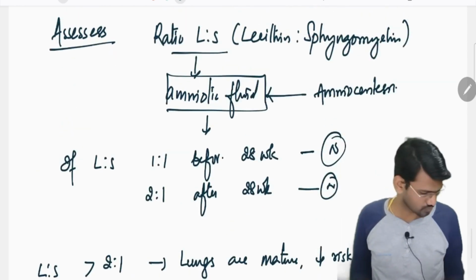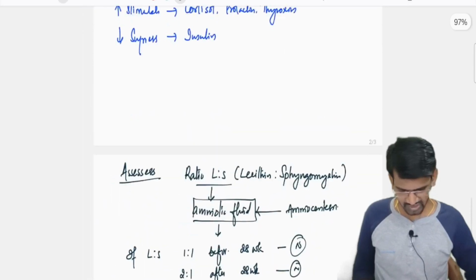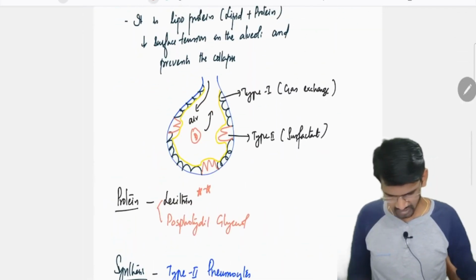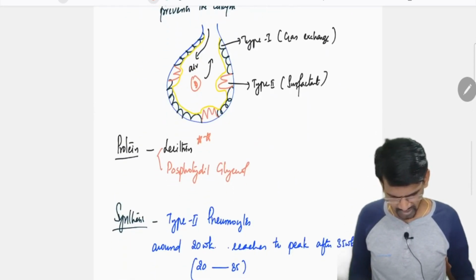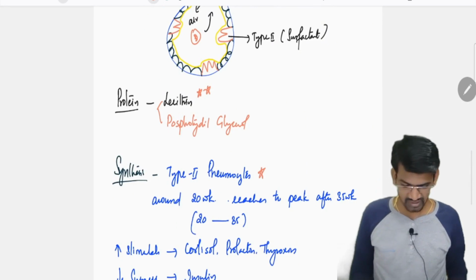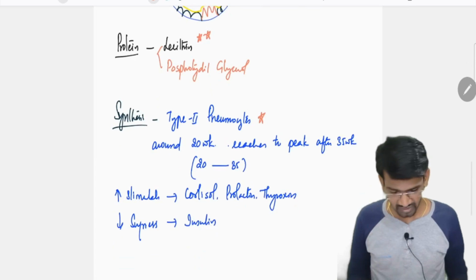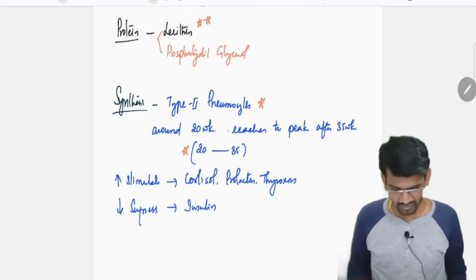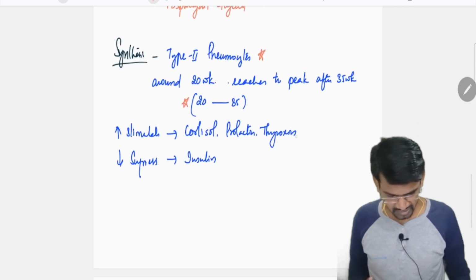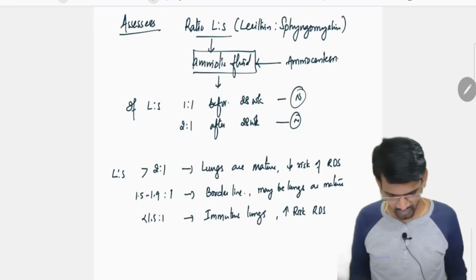So this is all about the surfactant. There is a possibility of questions here; all important topics I have discussed. The cells producing the surfactant are type 2 pneumocytes, which start producing around 20 weeks of gestation. Which hormones suppress and increase the production of surfactant, and how do we assess it?